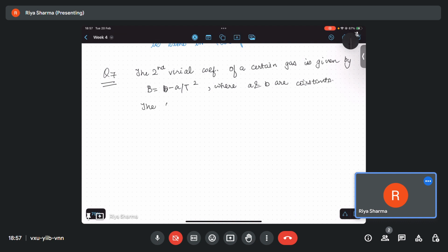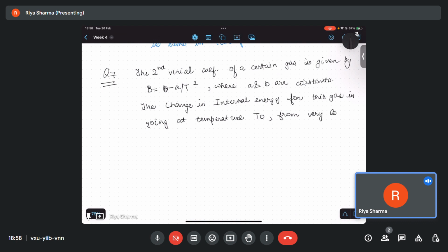The change in internal energy for this gas in going at temperature T0 from very low pressure to a pressure pi would be the question.